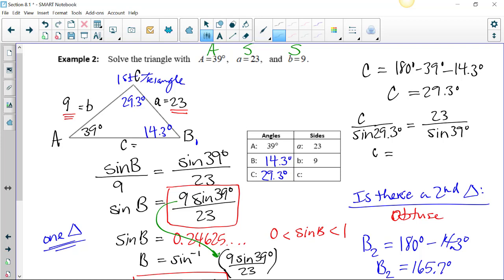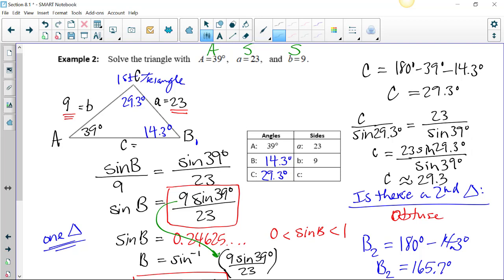So when I cross multiply and divide, I get, so c should come out to be, if you round to a couple decimal places, oops, I got the wrong C. That's the problem with lowercase and uppercase.